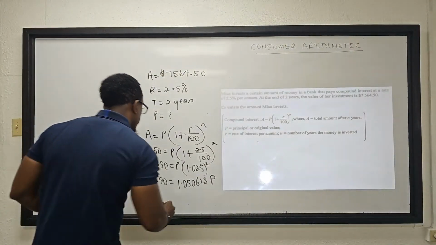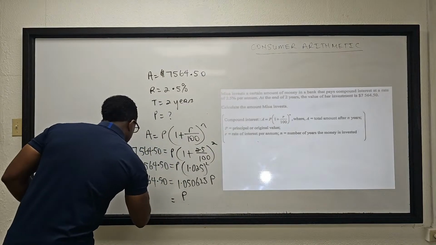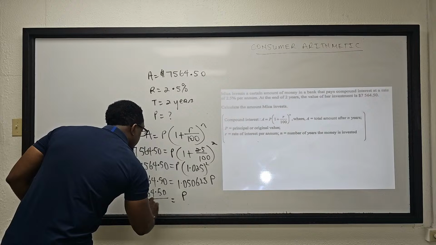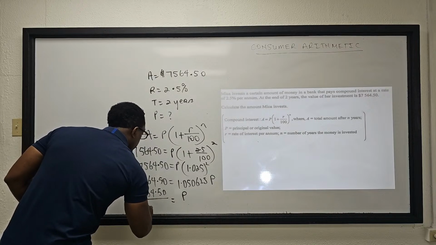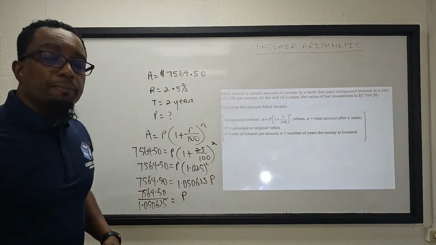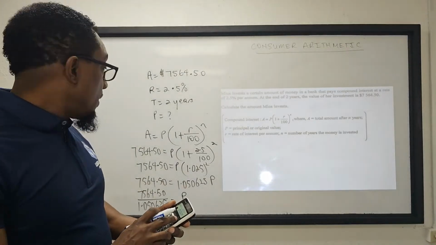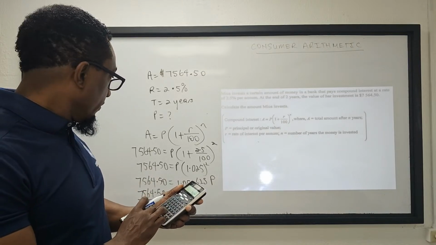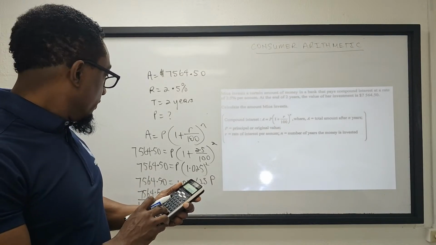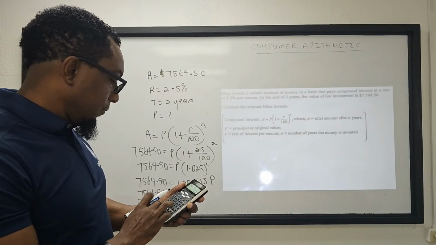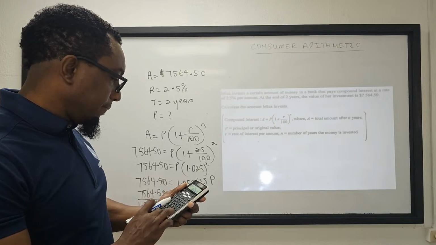So P will be 7564.50 divided by 1.050625. When we divide those two, let's see what we're going to get as our answer. 7564.50 divided by 1.050625.